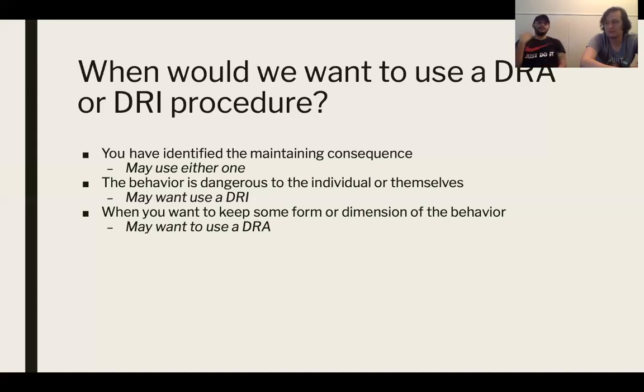So he still wants to keep my vocal responses in play, but he just wants it to be a little bit different. So it's going to be a DRA because he still wants me to use my mouth, but you wouldn't use a DRI because you still want to keep the form and function of that behavior.